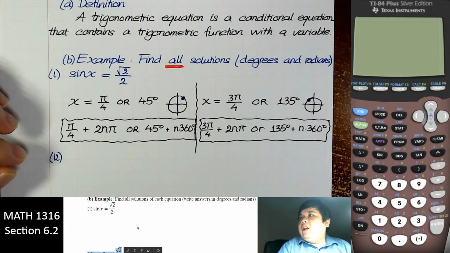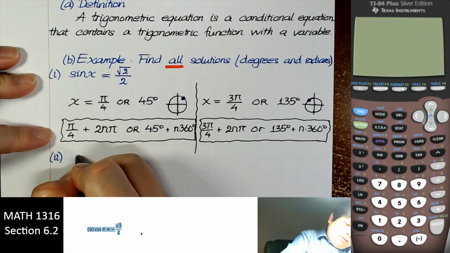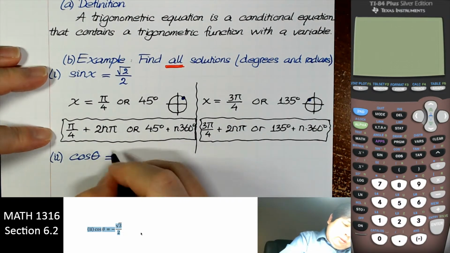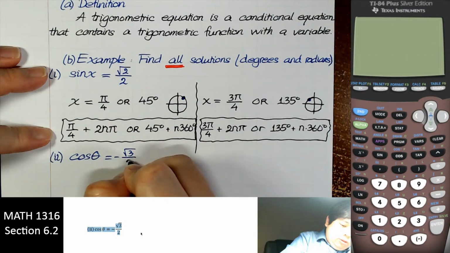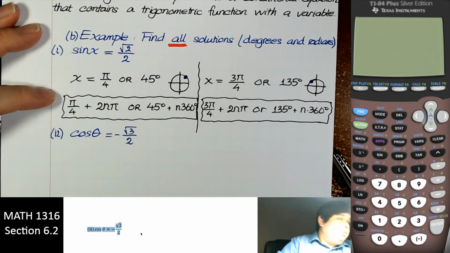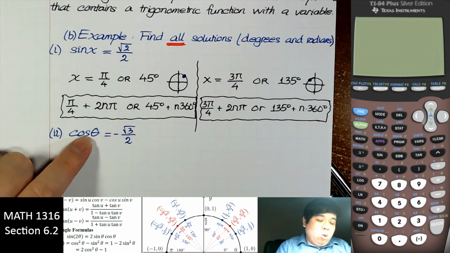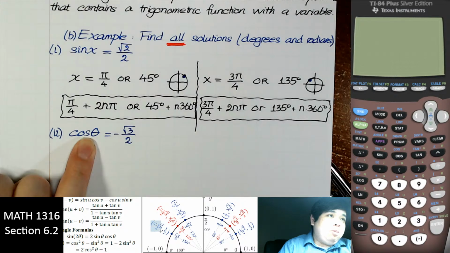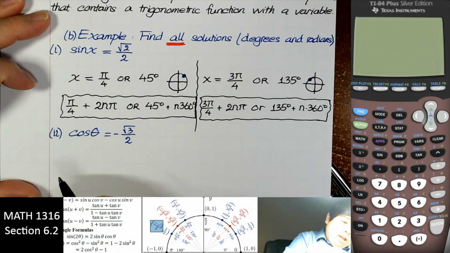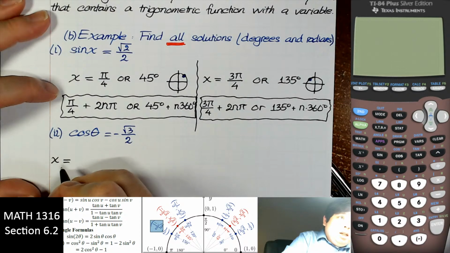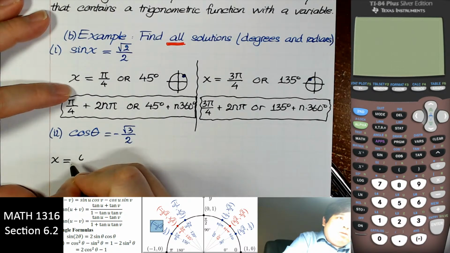Cosine of theta equals negative square root of 3 over 2. Right, so this is also special values. So again, we will look at the unit circle. Cosine will be the x values. So that is where negative square root of 3 over 2 are the x values of the point, and corresponding to 5 pi over 6, or 150 degrees. So we have x equal to 5 pi over 6.